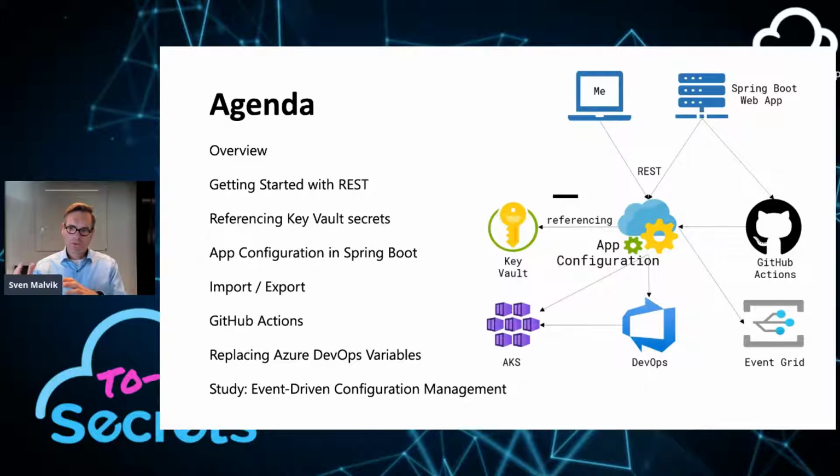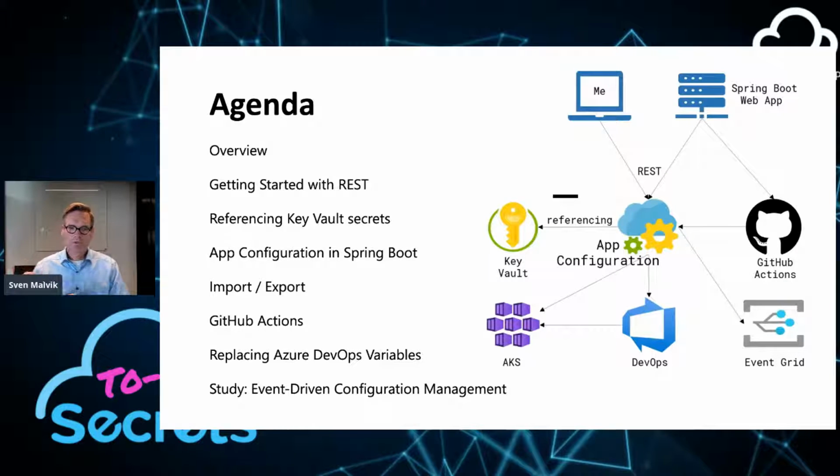We will dive into the portal and look at the panel, how it looks like, and going through the menu items and make sure that we are all on the same page. Then we will talk about Key Vault secrets, how we can access them with the use of app configuration, because probably we don't need both, or maybe we do. Let's find out that.